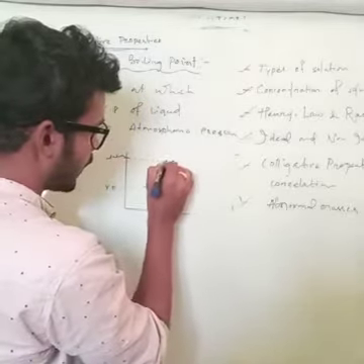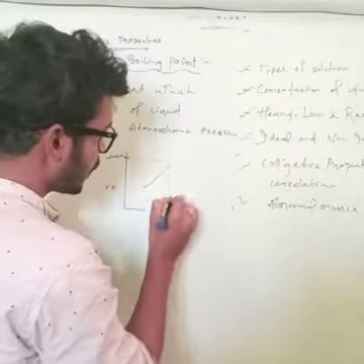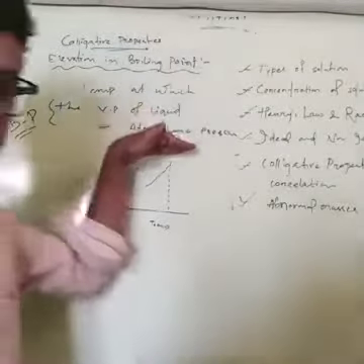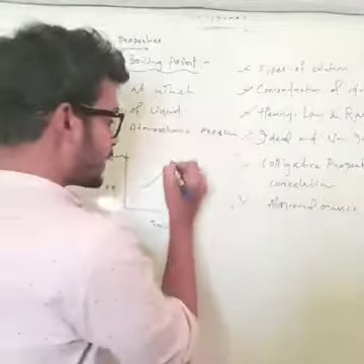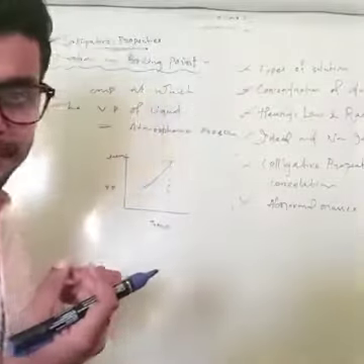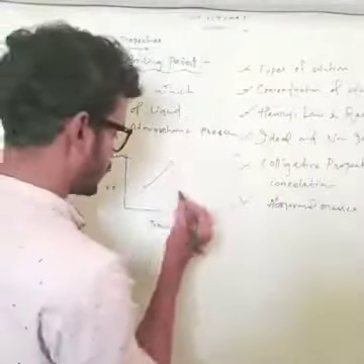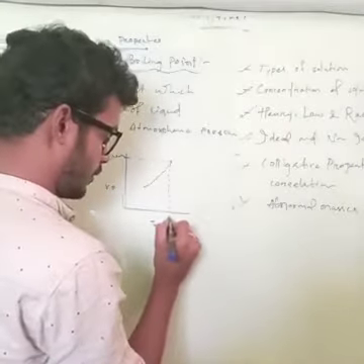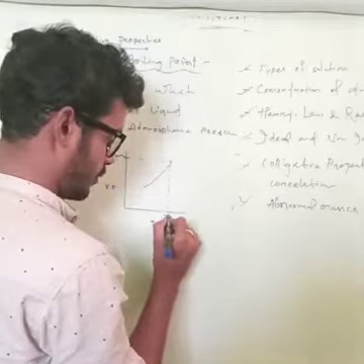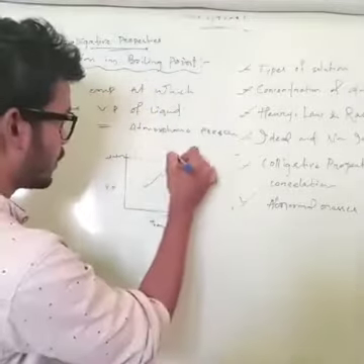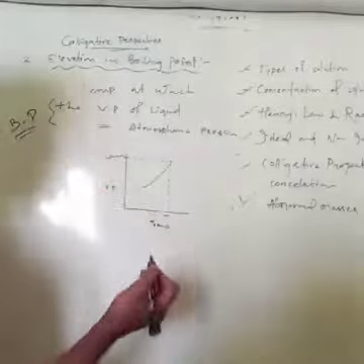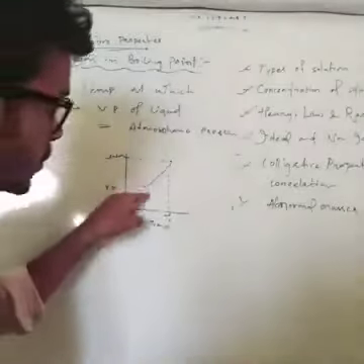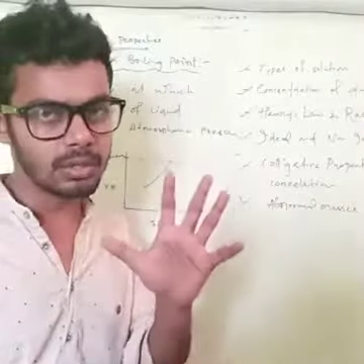But at a particular point it will reach the atmospheric pressure, and at this point it starts boiling. This is your atmospheric pressure where it boils. Suppose this is your TB naught, because this is the pure solvent, we are not taking any solution.